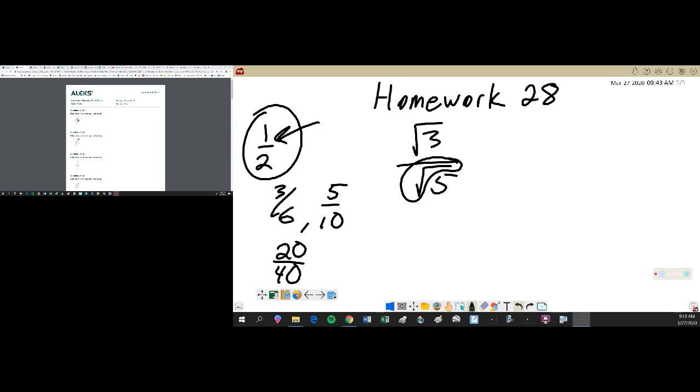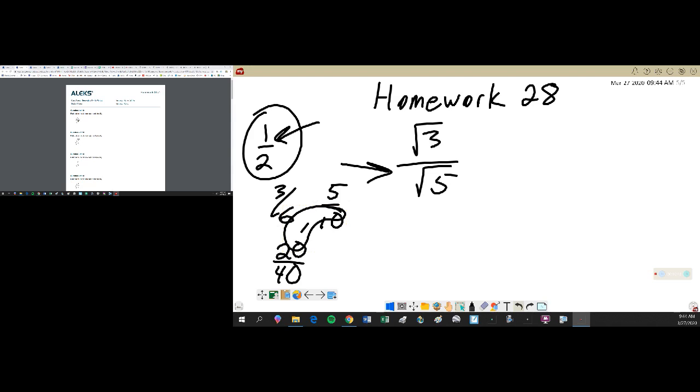Now, there are an infinite number of ways to write 1/2, and only one of them is considered simplified. Well, there are an infinite number of ways to write this also, and to ensure that everybody gets the same end result, we have simplifying rules. And the one that we're dealing with today is do not leave a square root in the denominator.